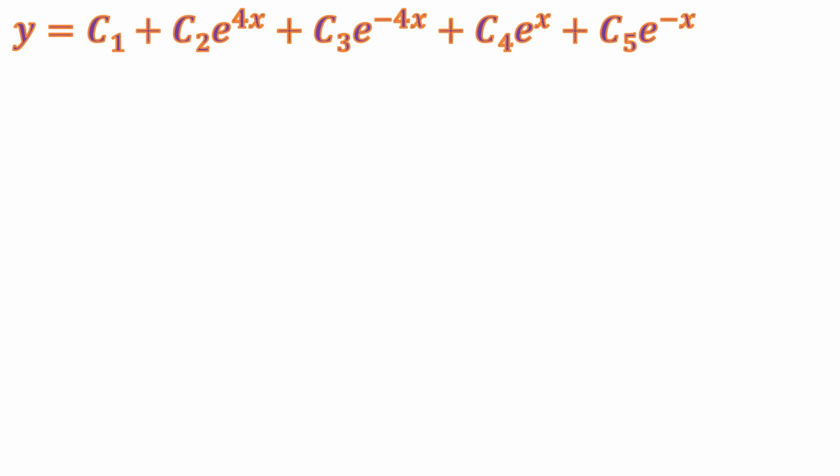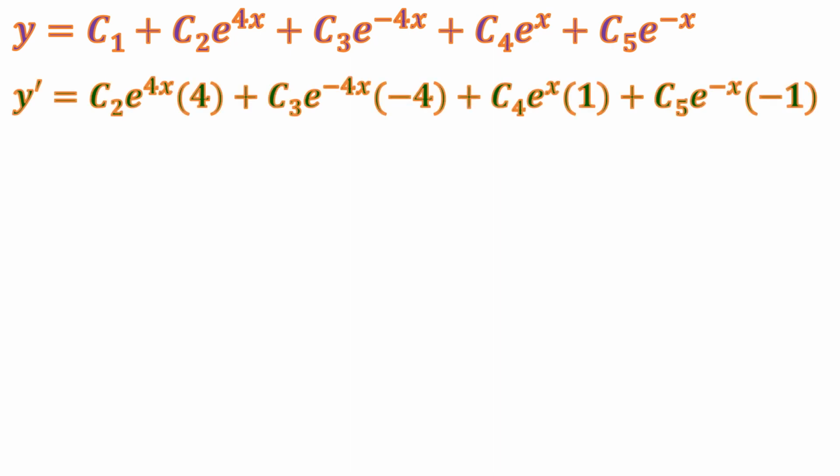So now we'll go back to this because we need to find the first derivative. So the first derivative of this y: since c1 is a constant, the derivative of any constant is 0. So c1 is gone. So the derivative of c2 e raised to the 4x is just itself times the derivative of the exponent, which is 4. The same for c3 e raised to the negative 4x, it's just itself times the derivative of the exponent negative 4x, which is negative 4.